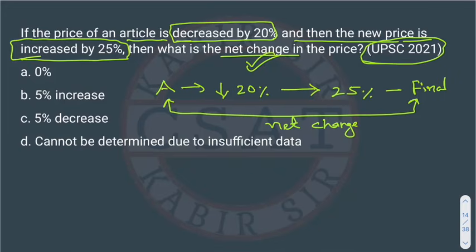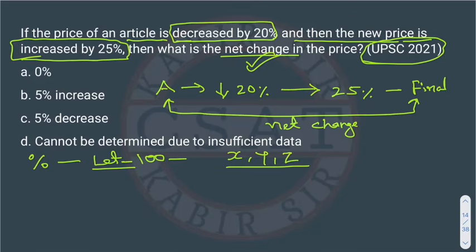If you remember, I told you, when we are solving questions in percentage, normally we consider 100 items, right? So here we will consider that the initial price of apple is 100. In other questions we consider price x, or y or z, something like that.